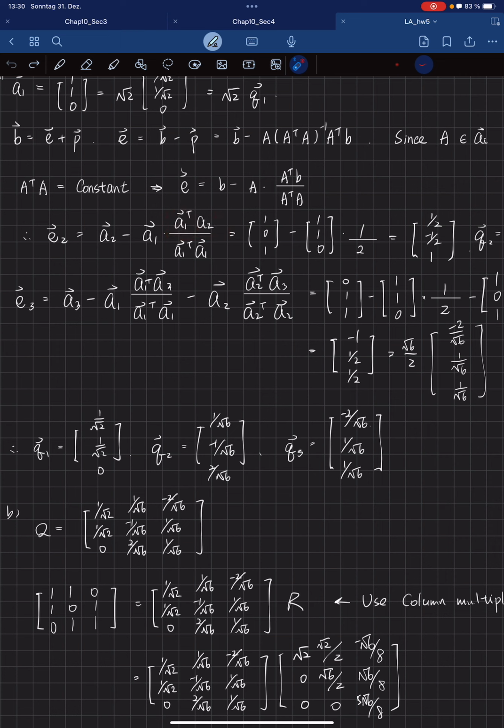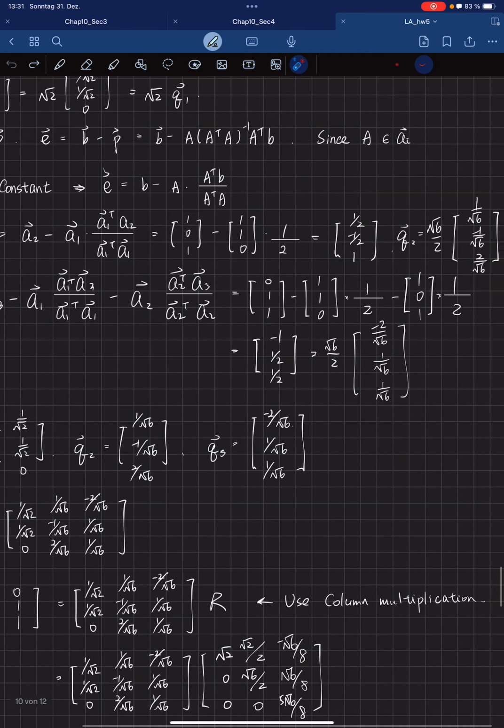So what is this? This is A2 itself, and this is the parallel component of A2 with respect to A1. So we're subtracting the parallel component of A2 with respect to A1 such that our result should be orthogonal to our A1.